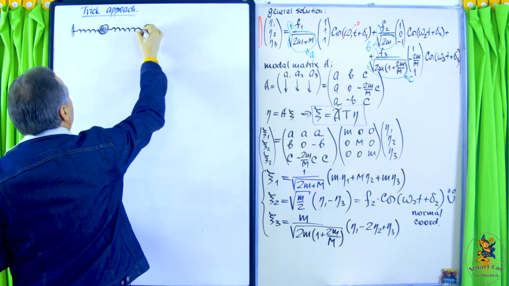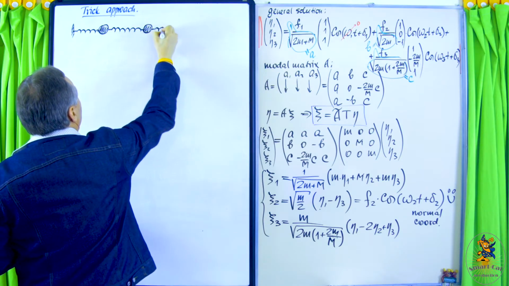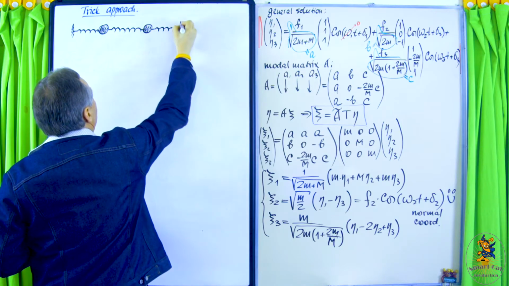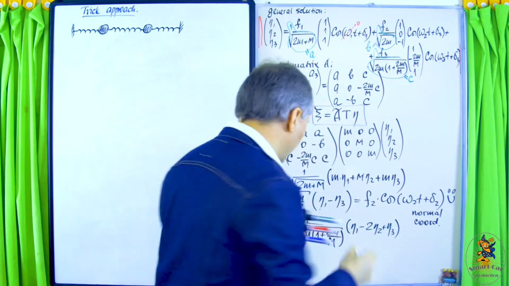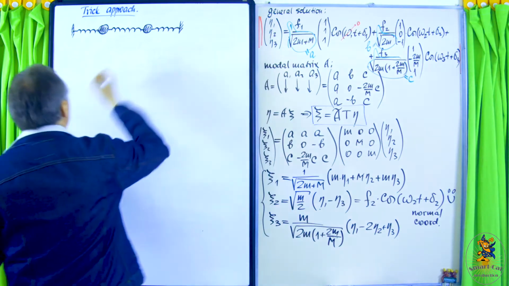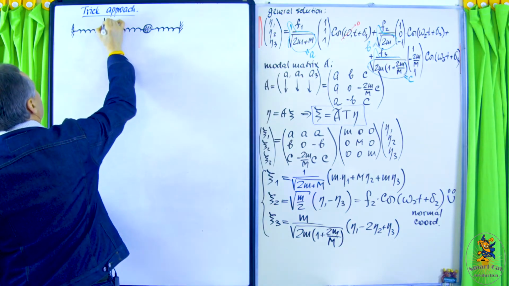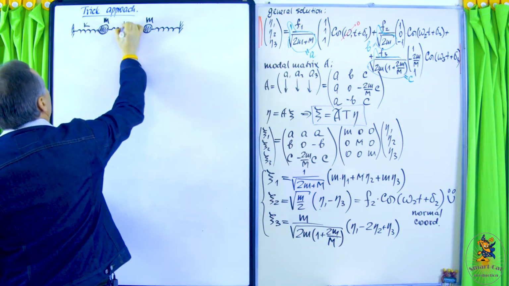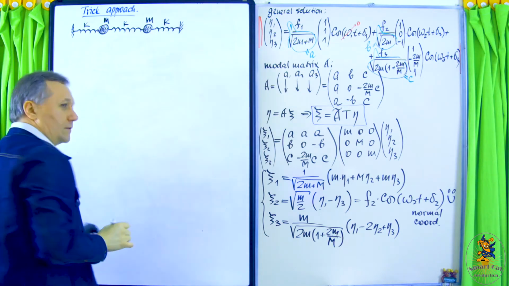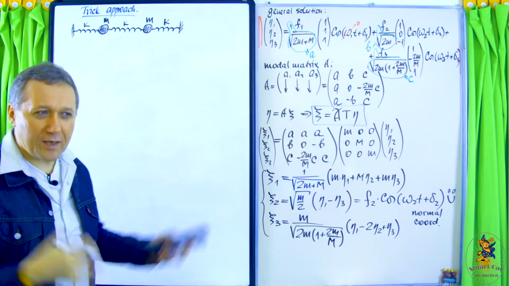Then another mass. And another spring. And the wall on that side. Let's assume the system is reasonably nice, the same masses. So let's say this has a mass m, and springs k, k, and k. Now it sounds like KKK.